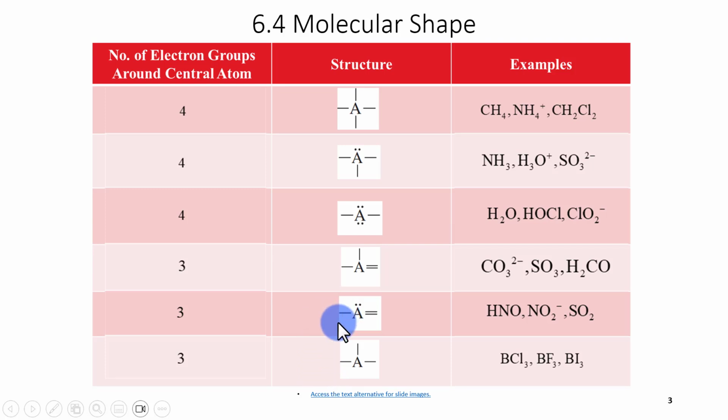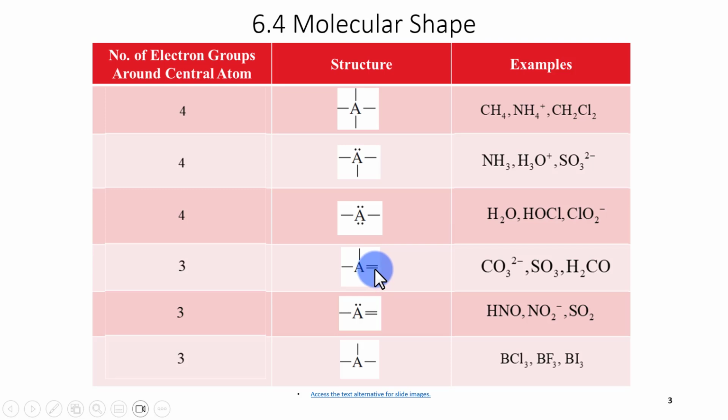I can have another possibility. I can have a single bond, a double bond, and a lone pair on that main atom. And here are examples of that. I can also have two single bonds and one double bond. So all of these count as one electron group each: 1, 2, 3.